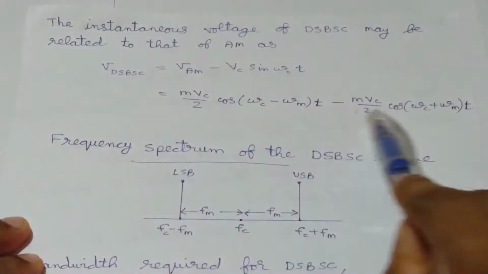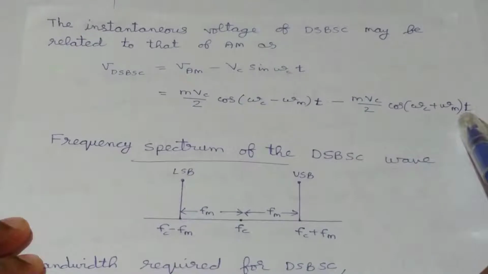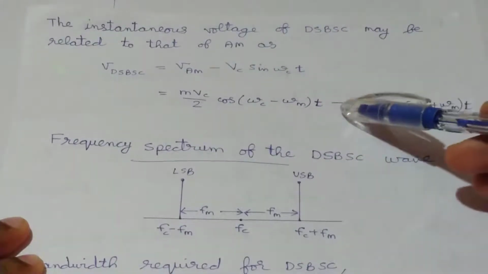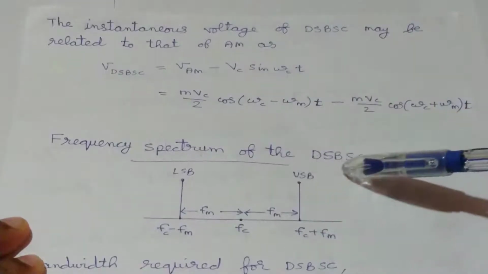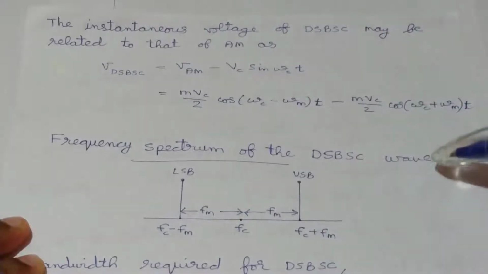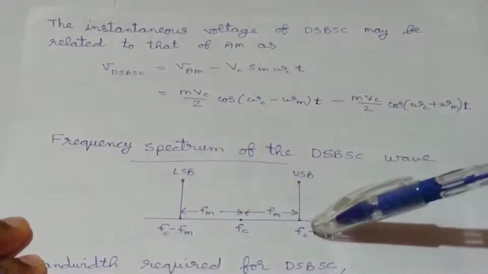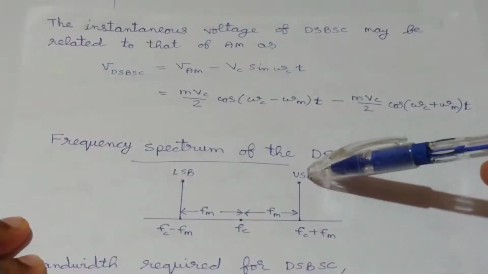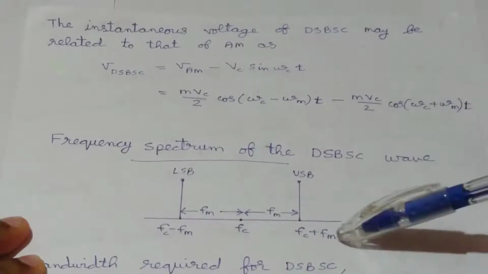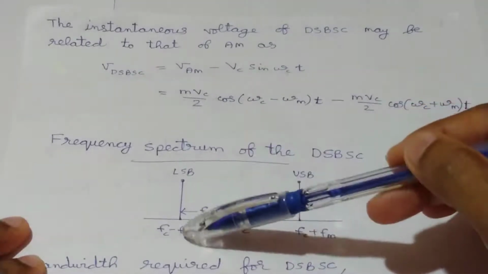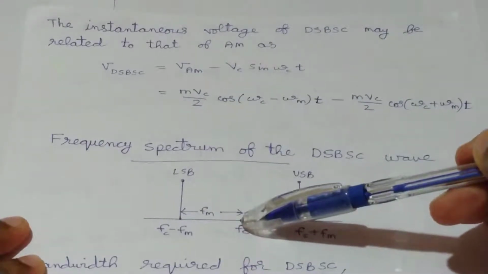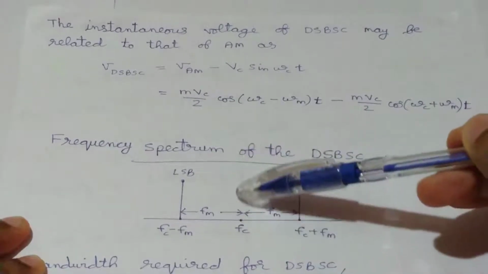So this is the equation for the double sideband suppressed carrier wave, and we know the carrier component is not present here. So in this frequency spectrum of the double sideband suppressed carrier wave, we have the lower sideband and upper sideband components. We have the upper sideband component at FC plus FM, and the lower sideband component at FC minus FM, and at the center portion there is no carrier component present.